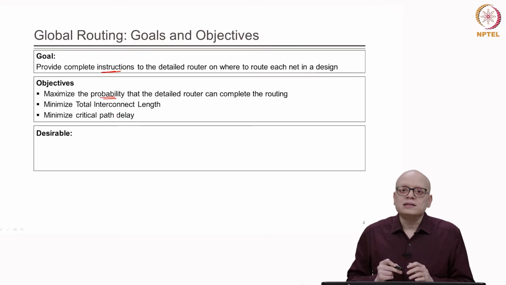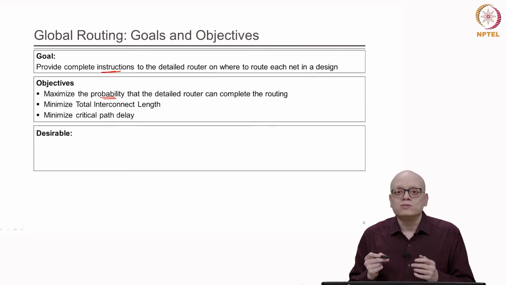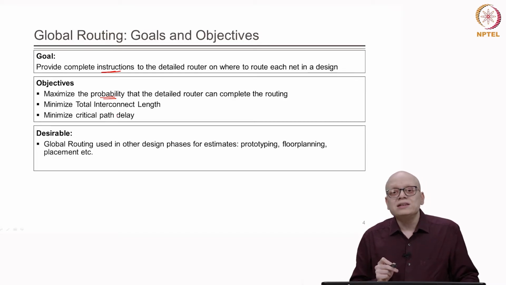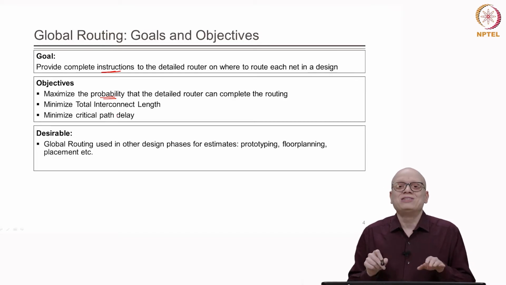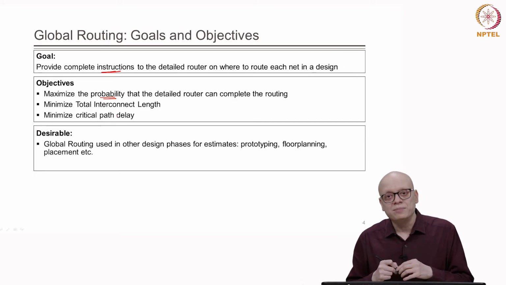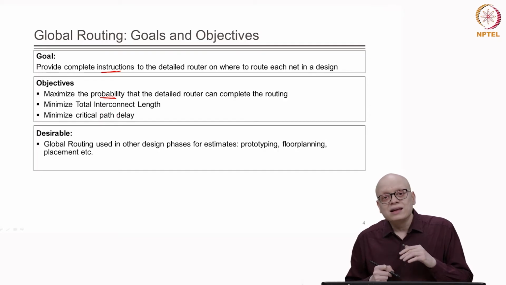Now, what is desired of a global router? Global routing is used many times in a design flow, though we are looking at it in detail at this point. It is used at multiple design steps.